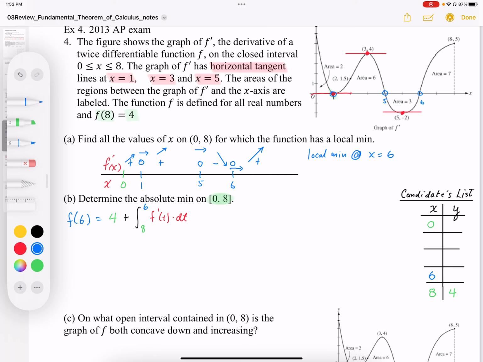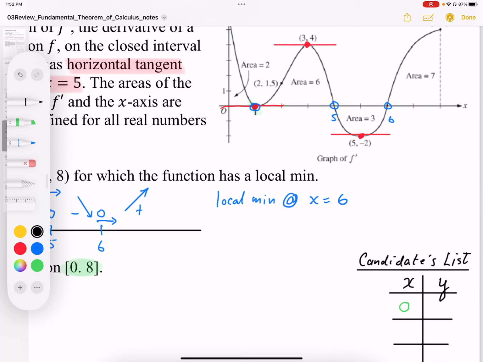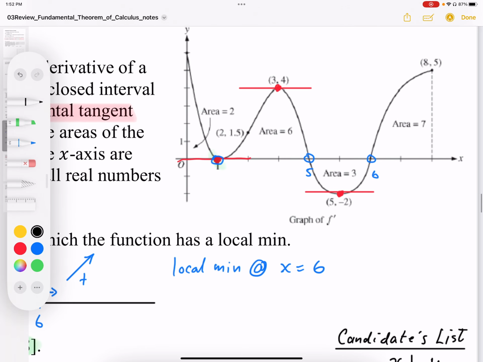When I work this out, this is going to be 4 plus my displacement based on the area from 8 to 6. That area is this area in here. It has an area of 7, so that's going to be my displacement.